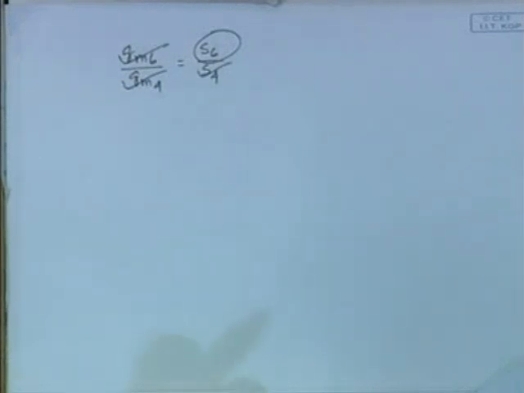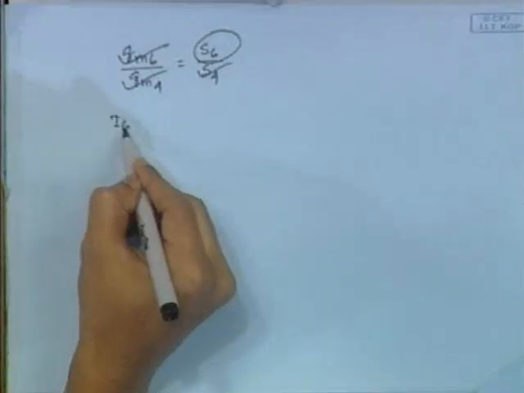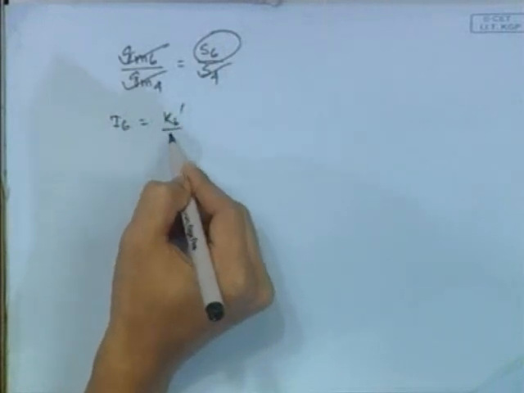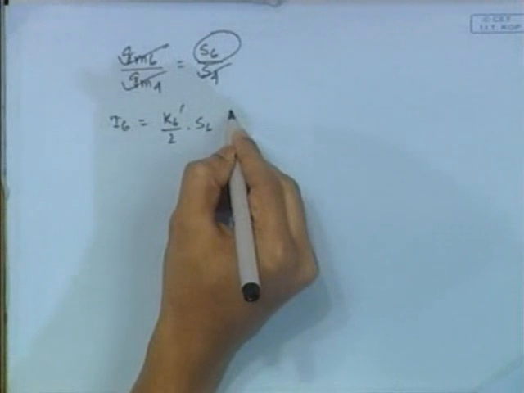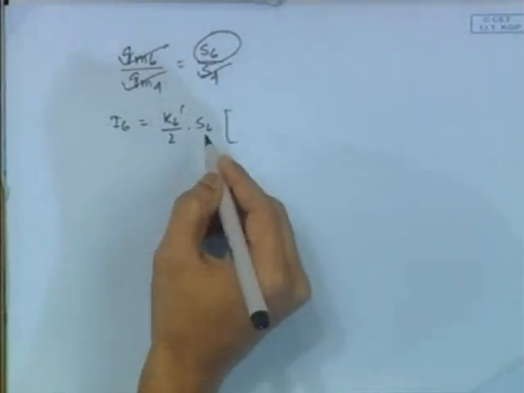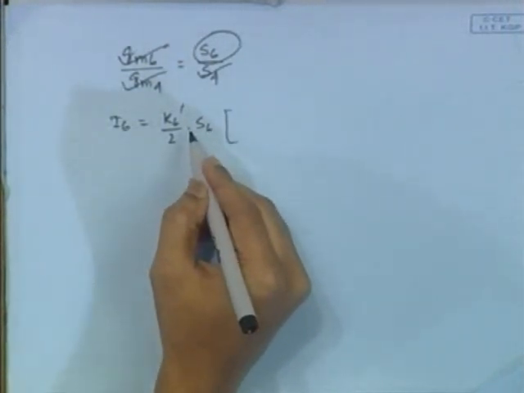Clear? So the only thing we are left with is the M7 transistor. So what is the current flowing through that M6 transistor, I6? I6 is basically K6 dash into S6. I am just putting that value related to GM. What is the formula between ID and GM?